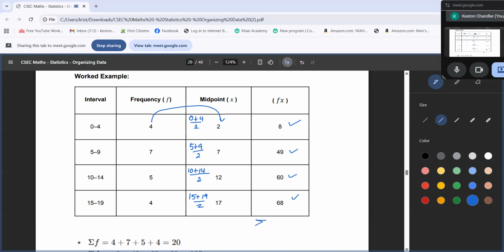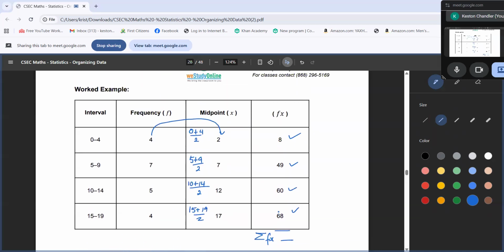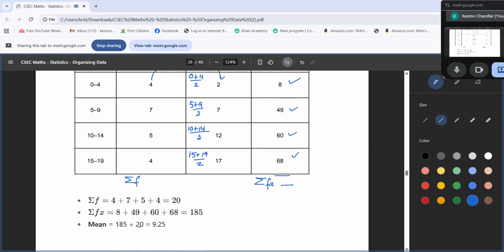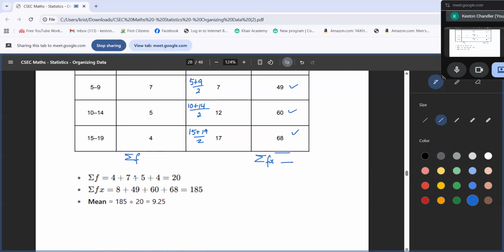Finding the total of this column is our sum of f x, and finding the total of the frequency column gives us the sum of f. The sum of f is 4 plus 7 plus 5 plus 4, which is 20. The sum of f x is 8 plus 49 plus 60 plus 68, giving us 185. So the mean is 185 divided by 20, which gives us 9.25.